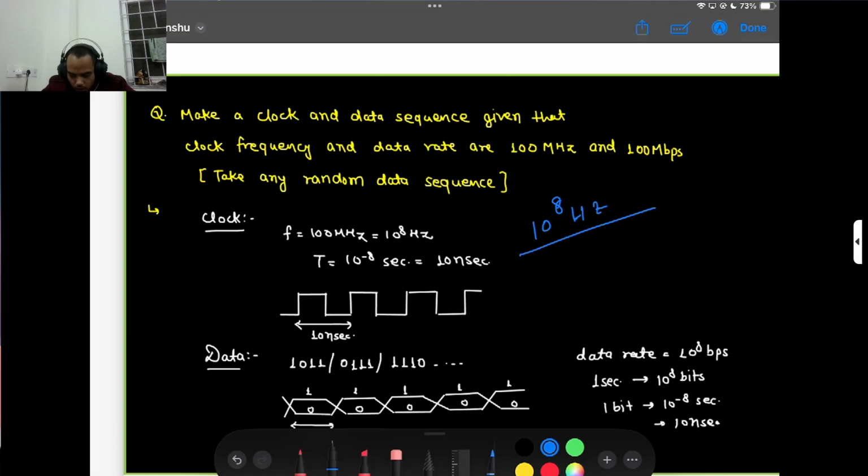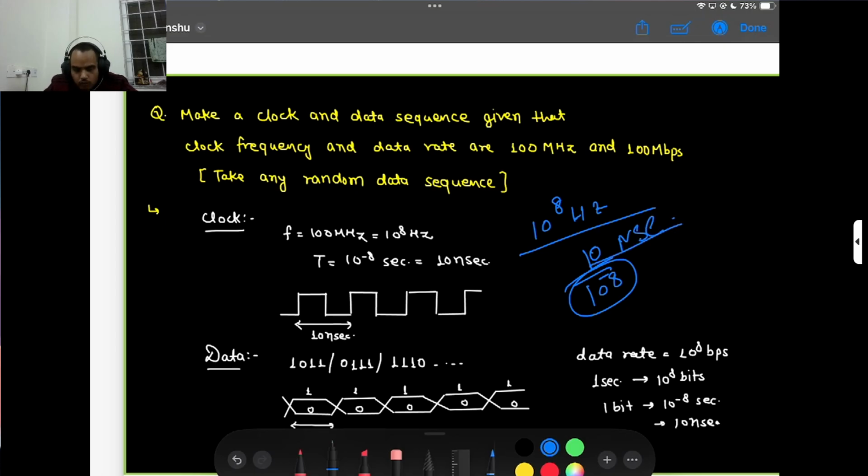This is my clock, and the time period is 1 by 10 to the power 8 hertz, which is 10 to the power minus 8 seconds, so 10 nanoseconds.